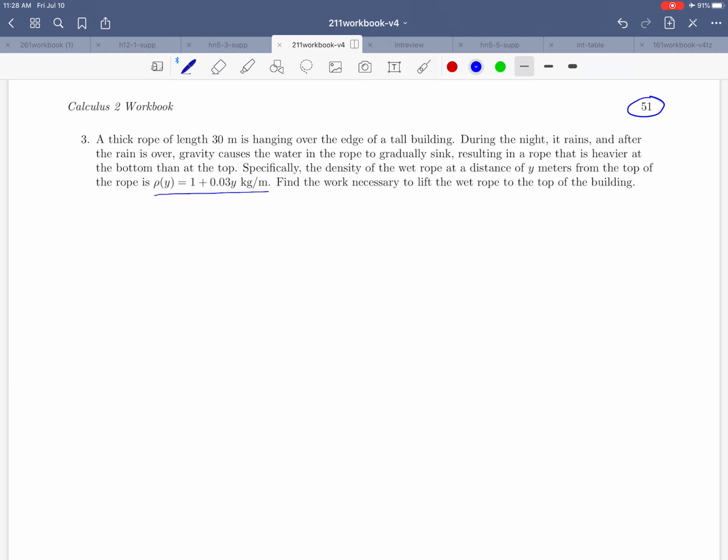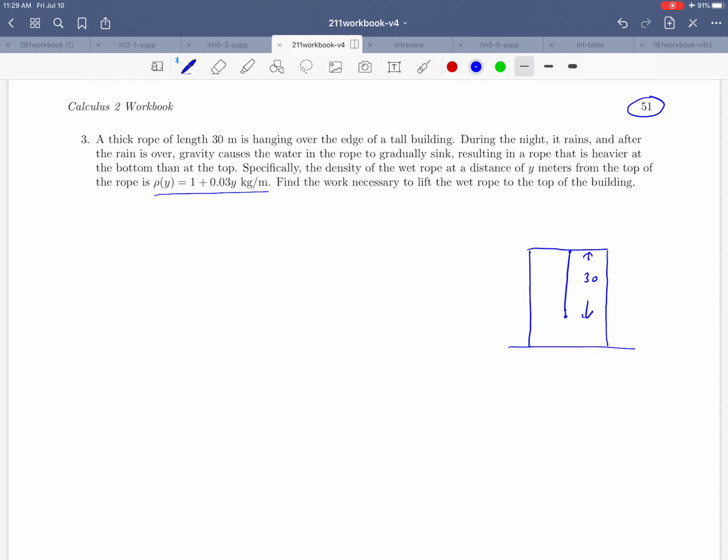All right, so let's start with just a little diagram here. Let me give myself a little bit more space. So here's our building, and you can imagine the rope just hanging down the side of the building like this. One thing they tell us is how long that rope is, 30 meters, so I'll draw that into the picture.